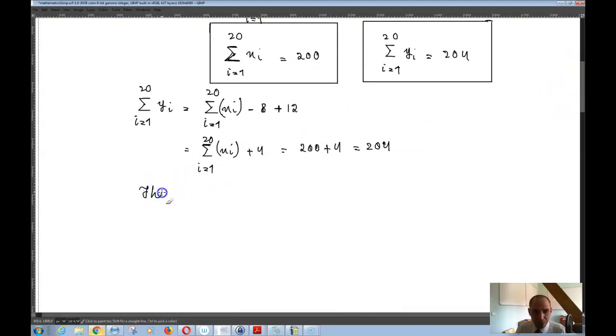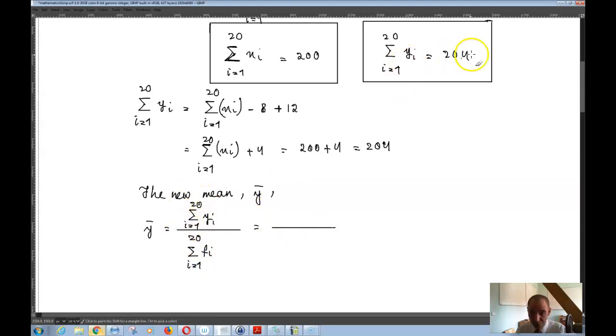So the new mean, y bar, becomes sigma of y of i as i goes from 1 to 20, divided by sigma of f of i as i goes from 1 to 20, which is equal to, sigma of y of i we said is 204, and then sigma of f of i was equal to 20.